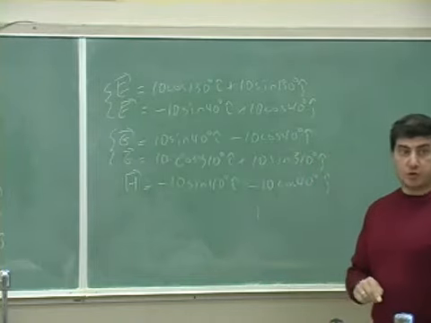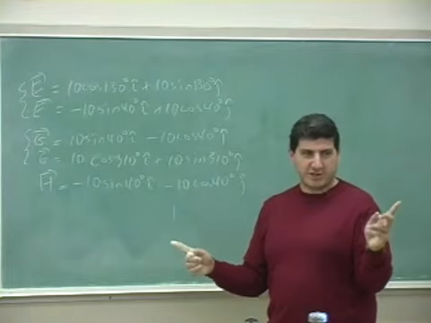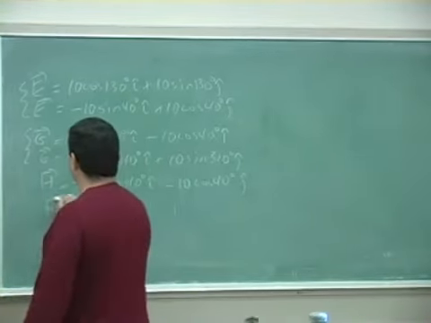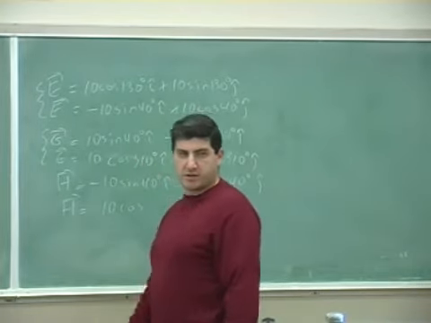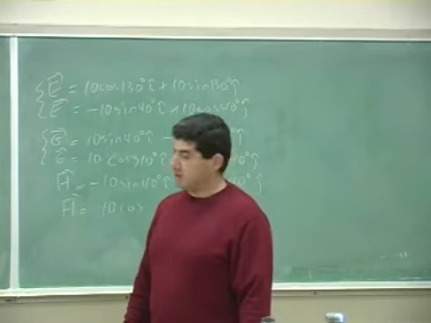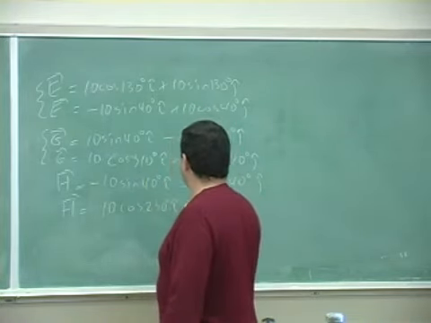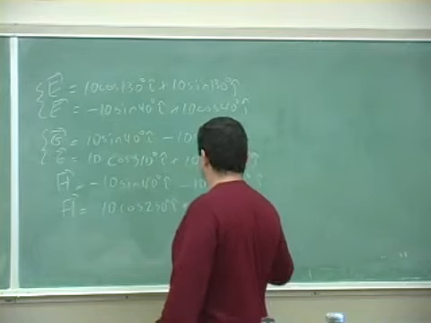So you have to put in two negatives, and you have to switch the trig functions. Okay? Or you can do 10 cosine of what? 230, right? Subtract 40 from 270. 10 cosine of 230 i hat plus 10 sine of 230 j hat.